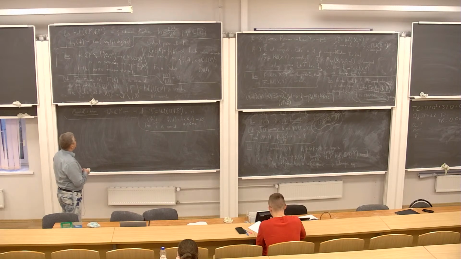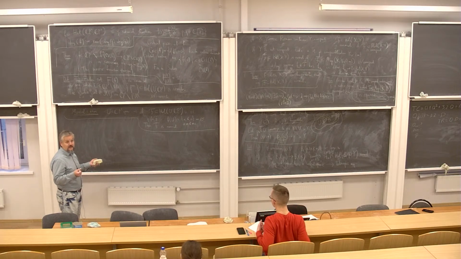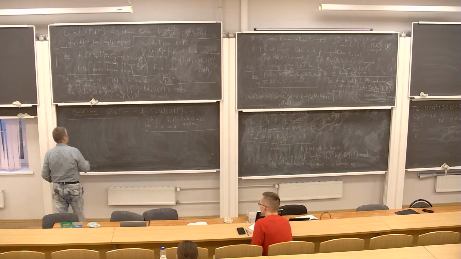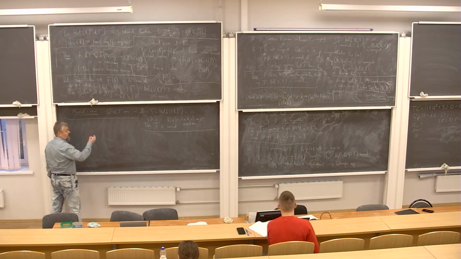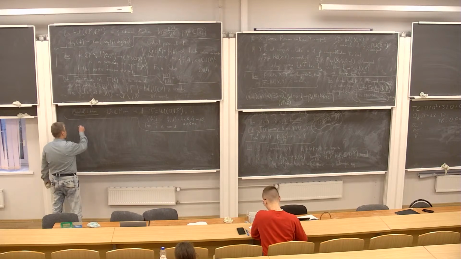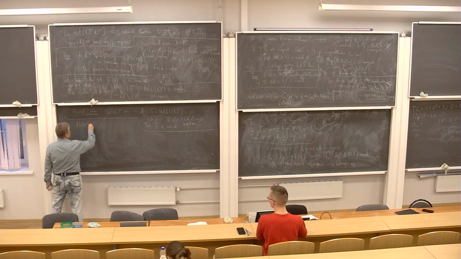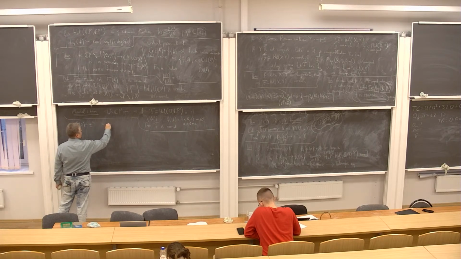So let me now give an example where you can figure out explicitly what the Fatou set and the Julia set are. Unfortunately there are very few such explicit examples, but one of them is f of z equals z to the n, where n is bigger than 1.